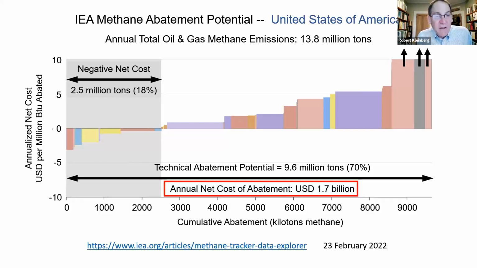Of that, IEA calculates that 2.5 million tons, or 18% of the total, can be remediated at negative net cost. In other words, you get more from selling the gas than it would cost to repair your problem. So 18% is a pretty low number by global standards.